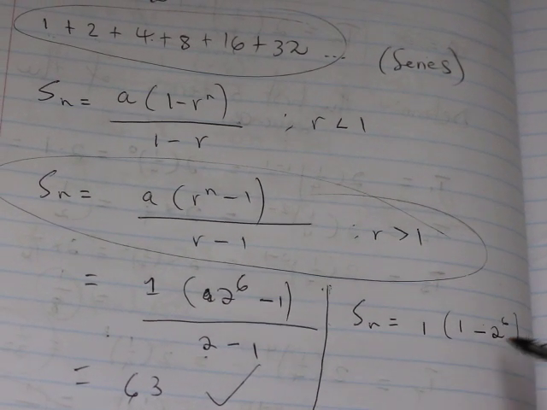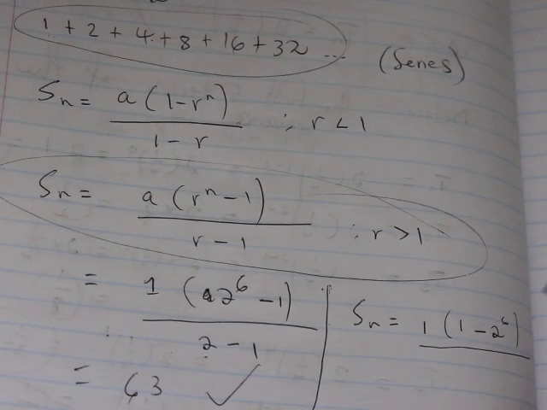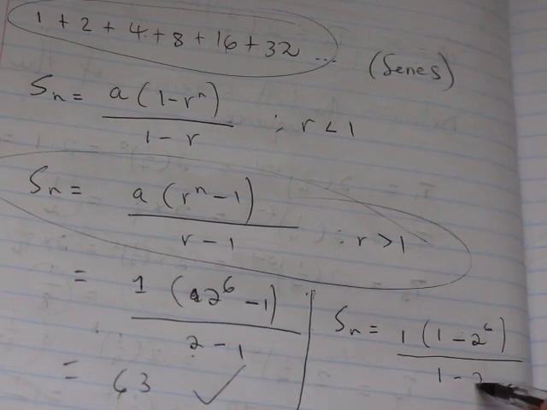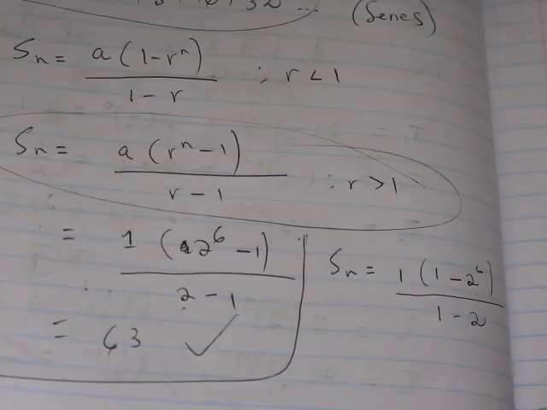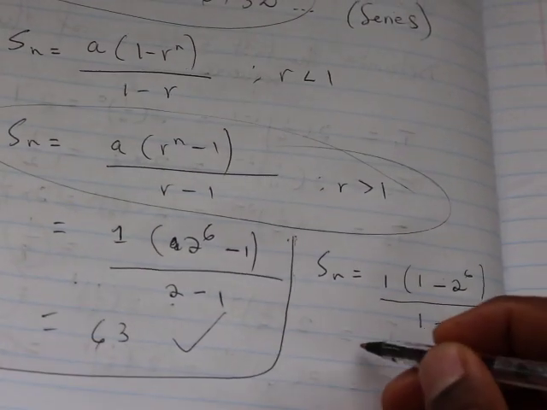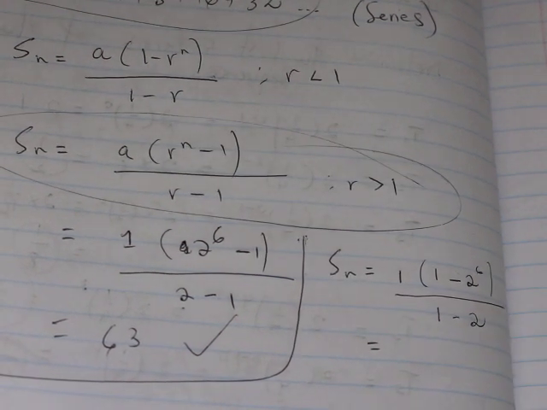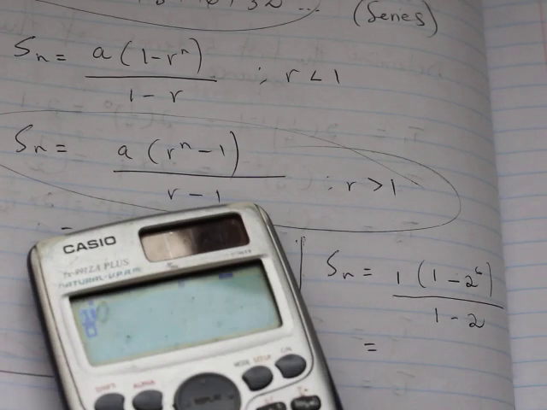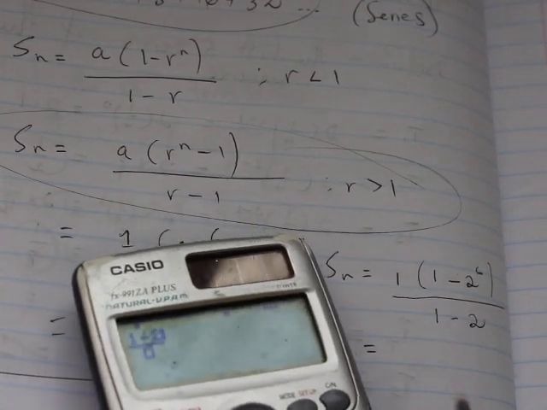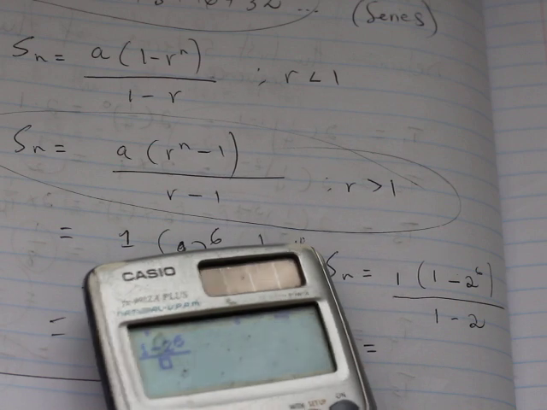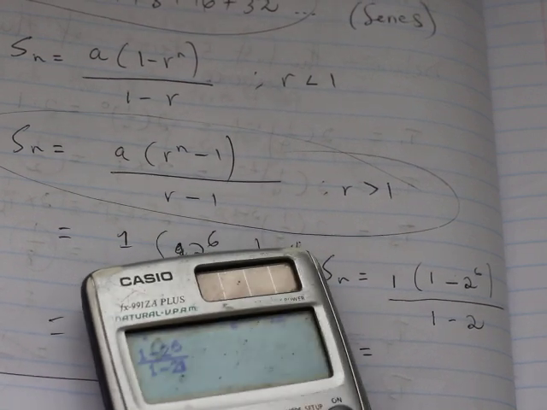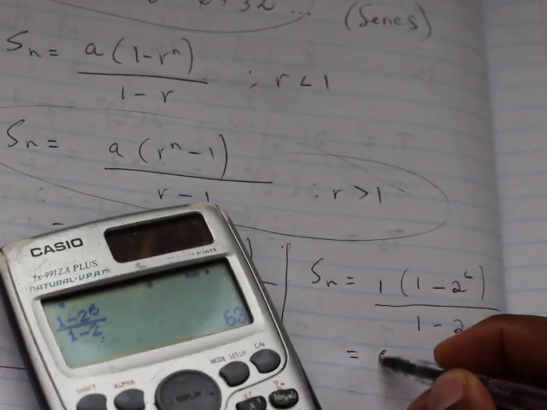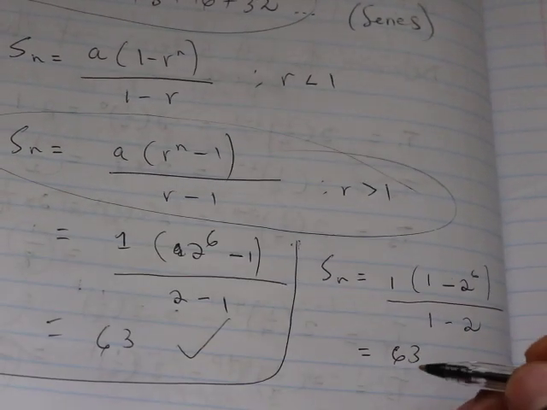Sometimes you just gotta do experiments, guys. You just gotta become a scientist. Then 1 minus 2 to the power of 6, divided by 1 minus 2. We're still getting 63.